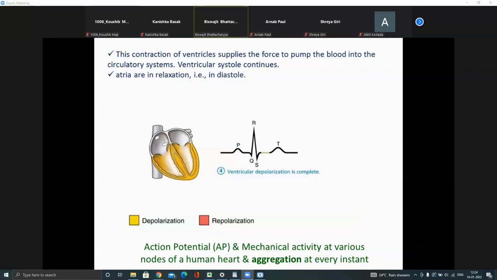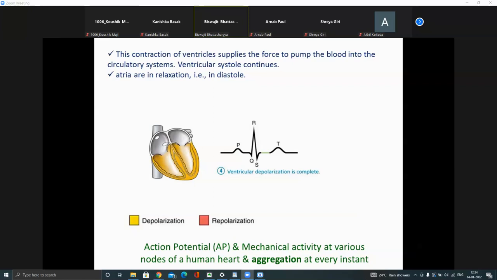The next step, what happens? The entire ventricular region is in depolarization, so they are shown yellow colored. Now the contraction of the ventricle supplies the force to pump the blood into the circulatory system.